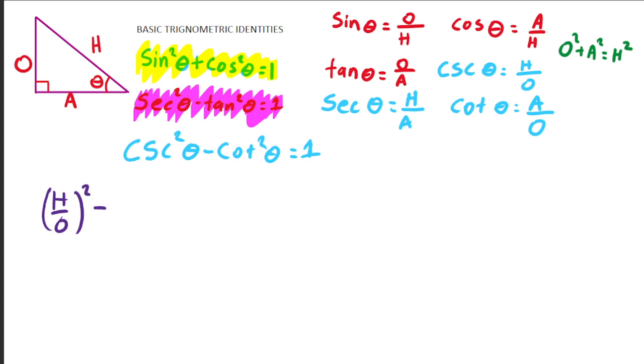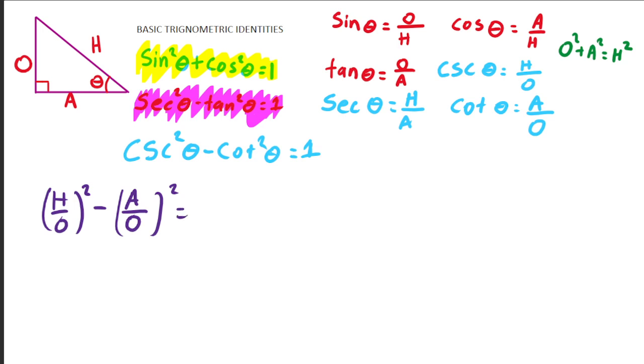And then we subtract from that cot squared. We know that cot is adjacent over opposite. So we can just subtract from that adjacent over opposite whole squared.